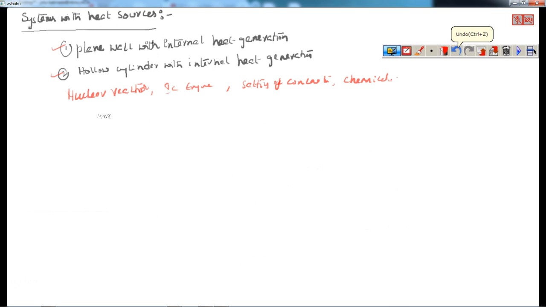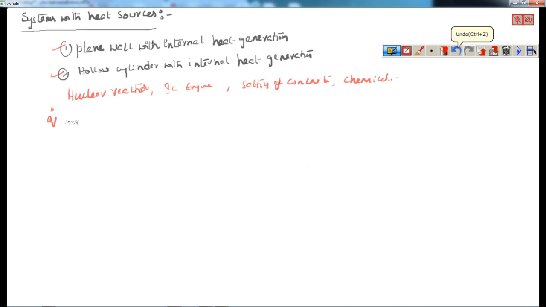Keeping this in view, I am trying to derive simple cases of heat generation along with conduction, and how the temperature distribution would be. That is what I am going to talk about in today's class. Here the heat absorption or generation within the body is denoted by q dot.